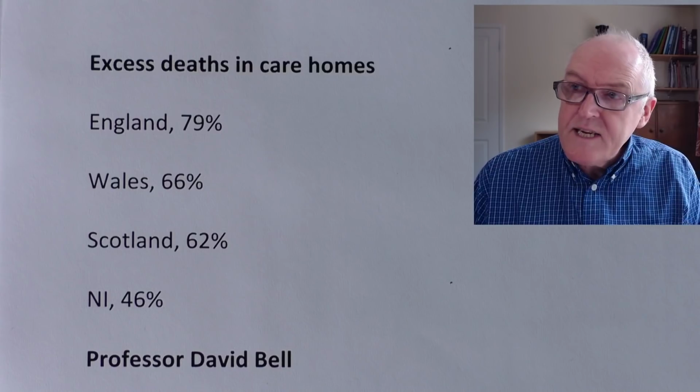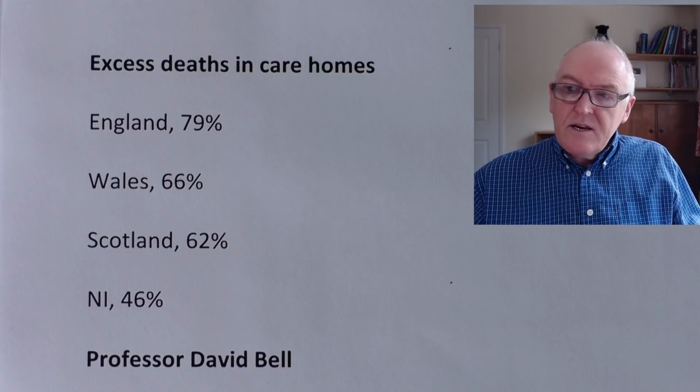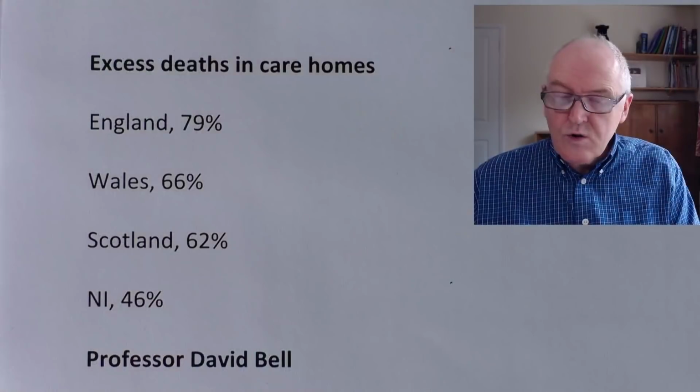Now, what they looked at was not the official diagnosed deaths from COVID-19, but the number of excess deaths altogether. Because variations in testing are going to greatly vary the number of deaths that are attributed to COVID-19. A more accurate figure, he says, is the number of excess deaths altogether.